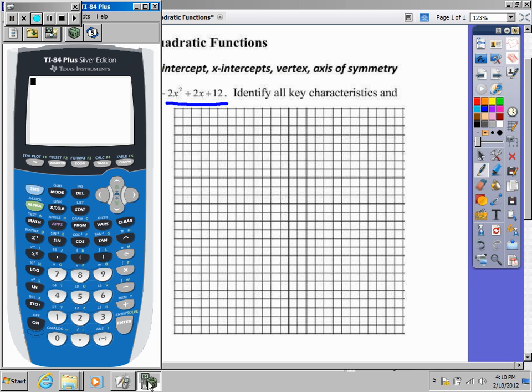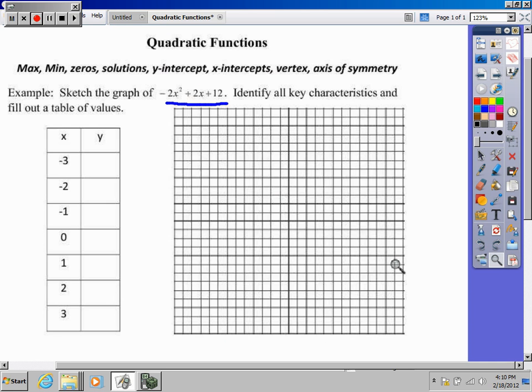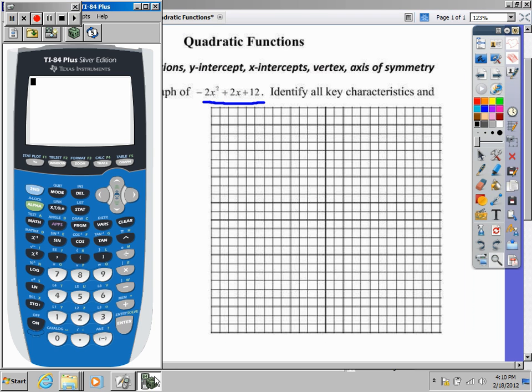So what I would suggest doing first is you pull out your calculator and we will type this equation into our y equals. So we'll go ahead to the y equals first. And we type it in as negative 2x squared plus 2x plus 12.